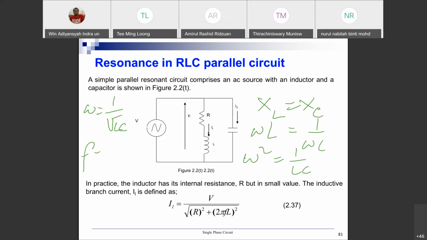So F equal to 1 over 2 pi root LC. This one is for series, but for parallel, it's a different case. So this is how they got it for the inductor for the resonance circuit. Resonance circuit means XL equal to XC.